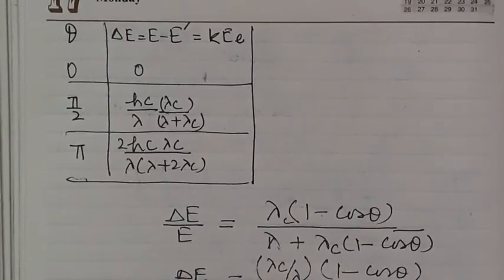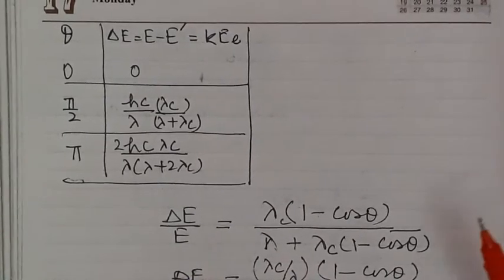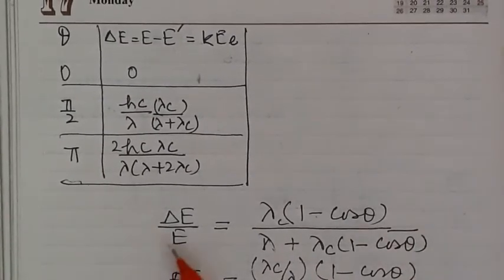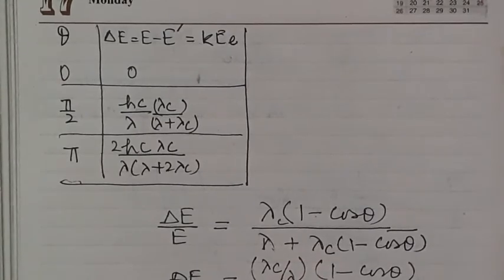So we try to calculate the fractional change in the energy, that is delta E by E, equal to lambda c into 1 minus cos theta over lambda plus lambda c into 1 minus cos theta.